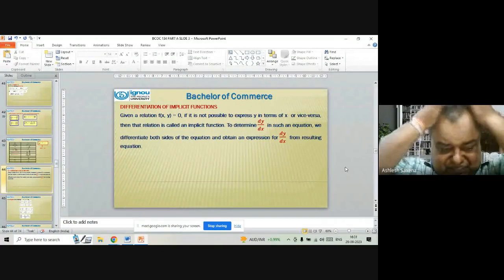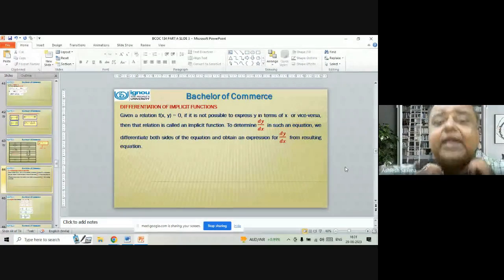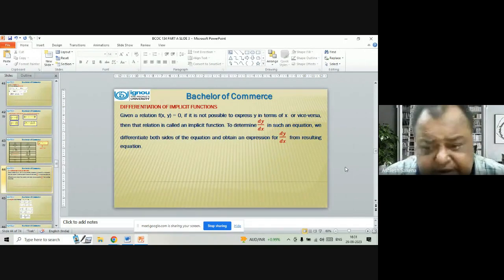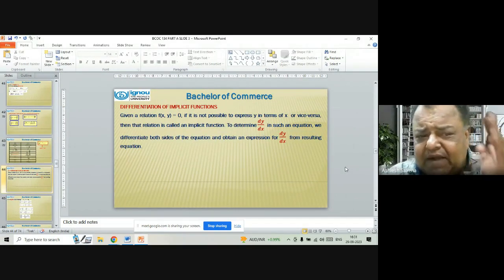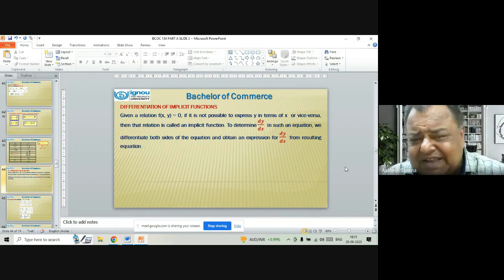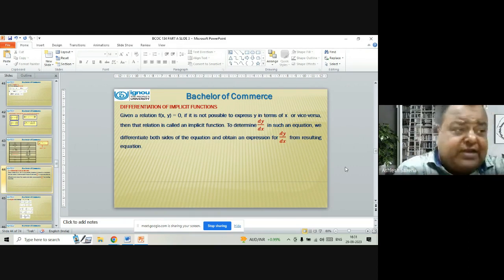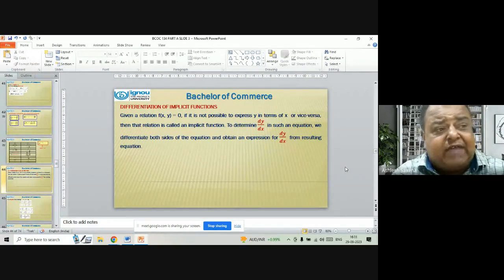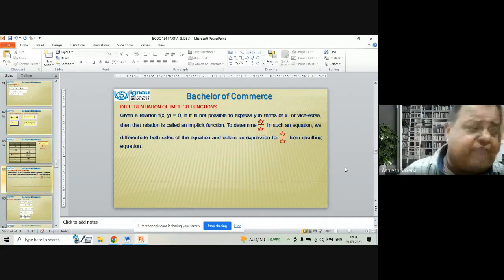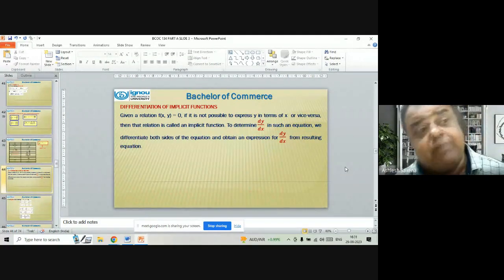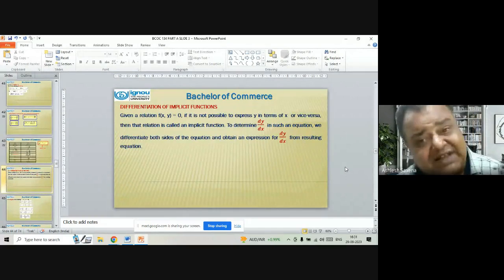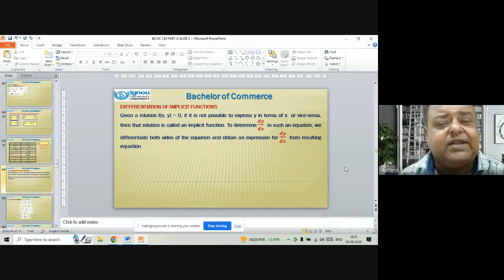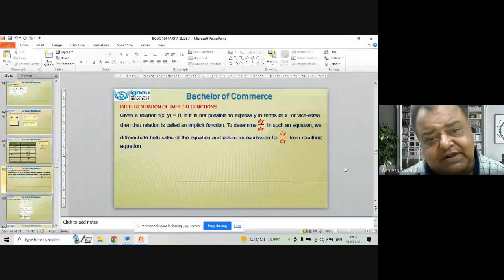Now, we will be starting with the implicit function. If you remember, when we started differentiation, we said we will be talking about one variable only. That means whatever we have seen just now, all the functions were having either u or x in them. If we have a function with x and y both at a time on one side, that function is known as an implicit function.